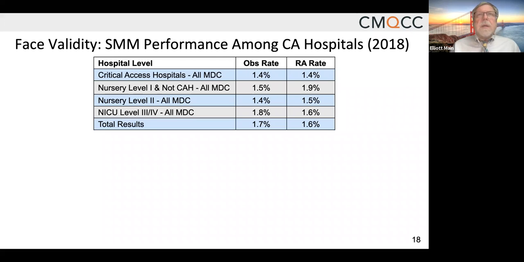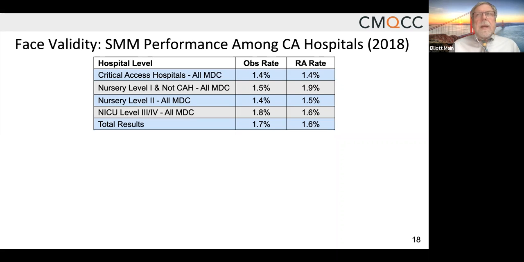So we have critical access hospitals, which don't really change in aggregate when you risk adjust. Nursery level ones, not critical access, actually risk adjust a little higher. So the rate of SMM after adjustment is higher for those hospitals, suggesting there may be some patients there who might have benefited from delivering elsewhere. Level 2, level 3, and level 4 are about the same.